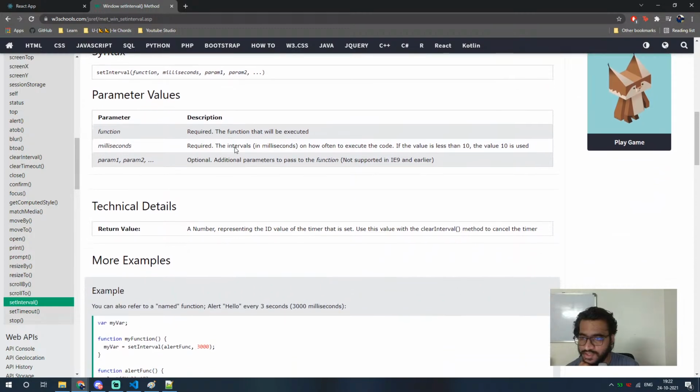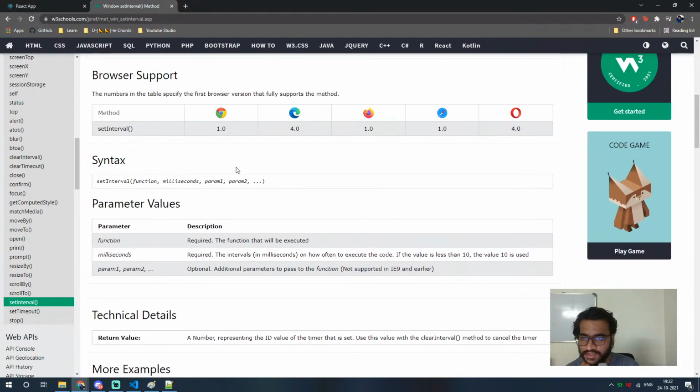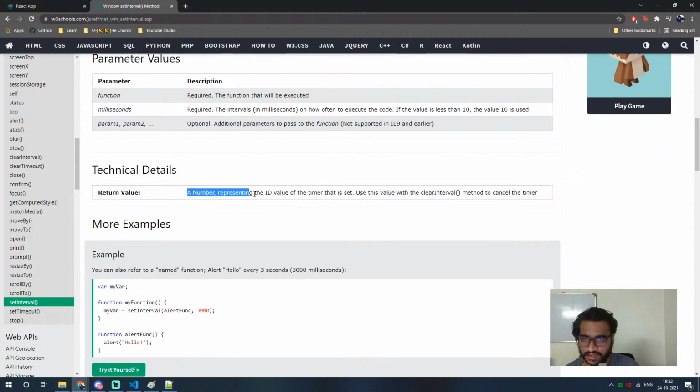So what I am trying to figure out is whether it returns something. Okay, so it returns a number. It returns a number representing the ID of the timer that is set.